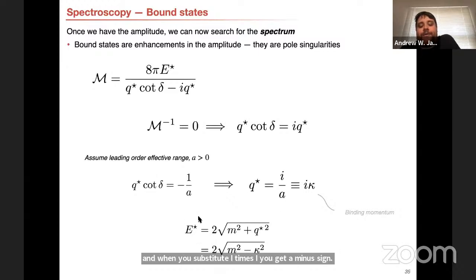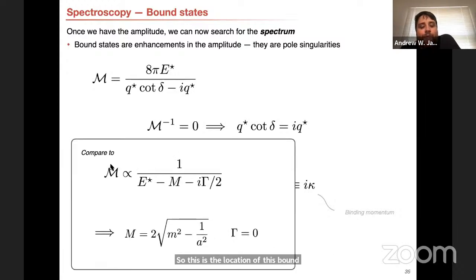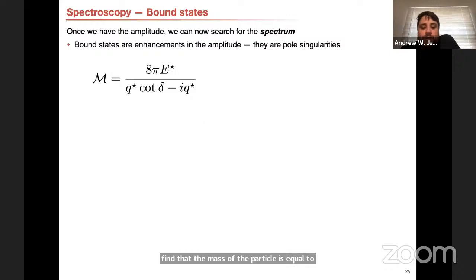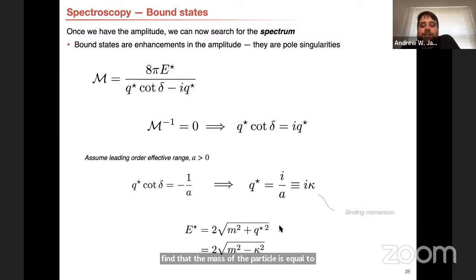And you have that the energy at this bound state, sorry, I forgot the B label here because I'm going to the bound state location, is equal to twice times the square root of m squared minus kappa squared. So this is the location of this bound state pole. And if we relate to the general definition we gave, we find that the mass of the particle is equal to, if there is no imaginary part, which here we see that E star is equal to some real number.